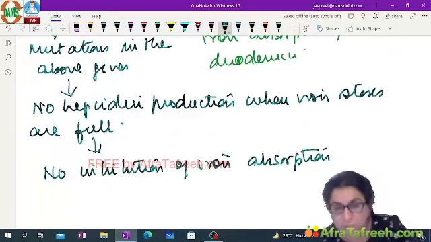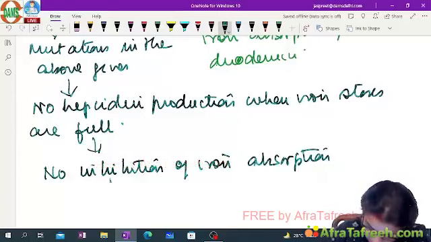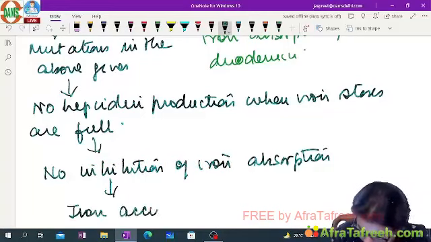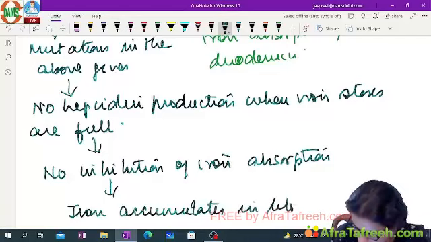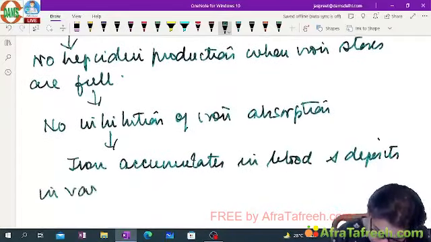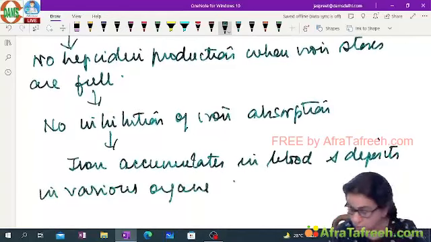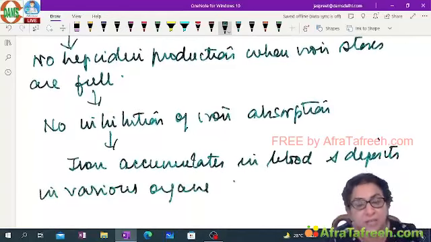So iron accumulates in the blood and deposits in various organs.